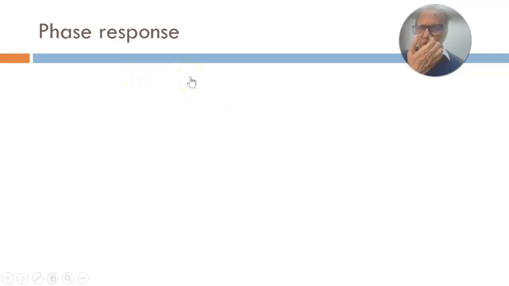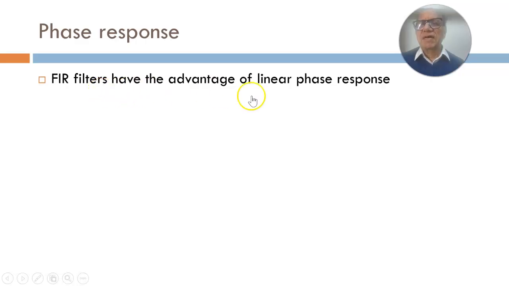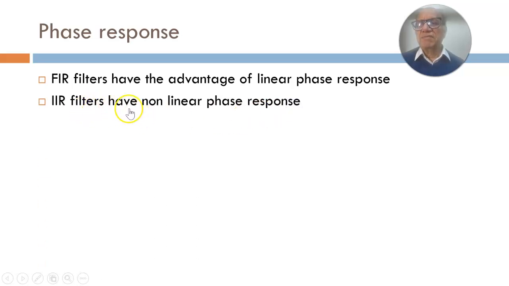Okay, we'll be able to show that for the FIR filter the phase response is linear. It has a linear phase response, whereas IIR filters have non-linear phase response. So the applications of FIR are different and the applications of IIR are different. Remember, the advantage of the FIR filter is that it is inherently stable and it has a linear phase response.